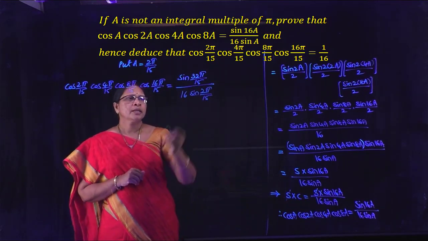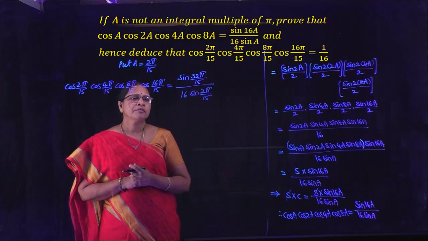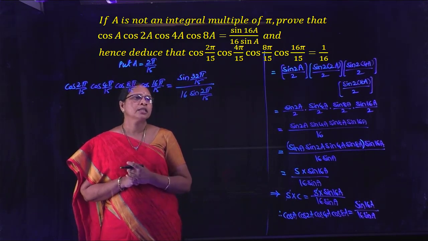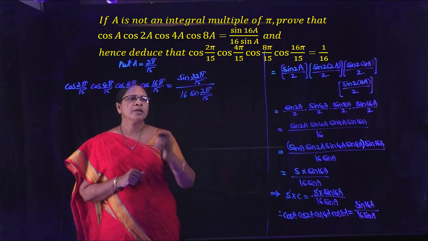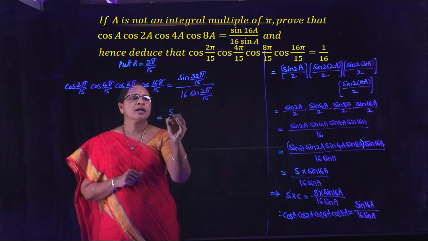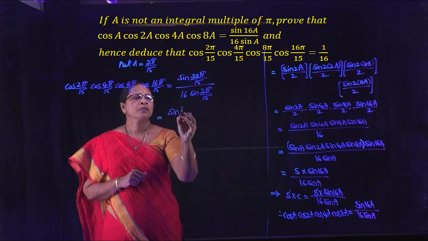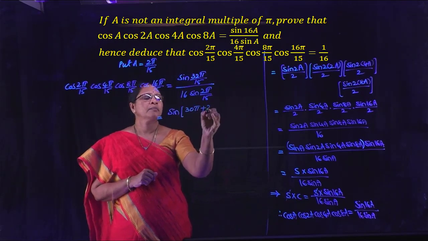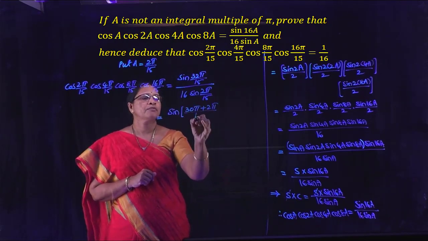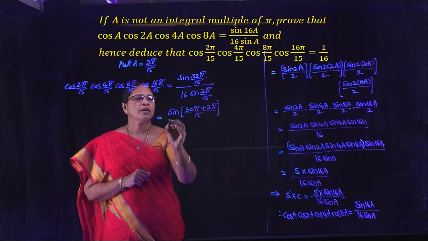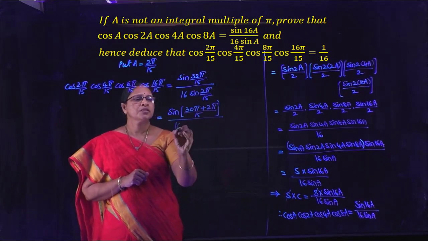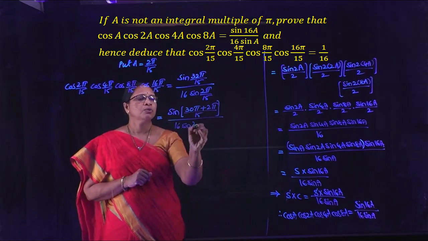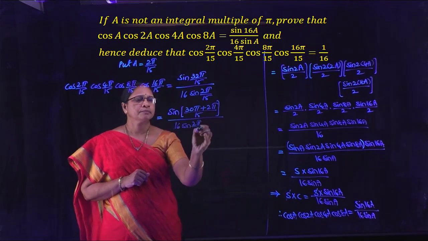Here in the numerator, sin 32 pi by 15, we convert this into sin 2 pi by 15. For this we can write sin of 30 pi by 15 plus 2 pi by 15, all divided by 16 sin 2 pi by 15.